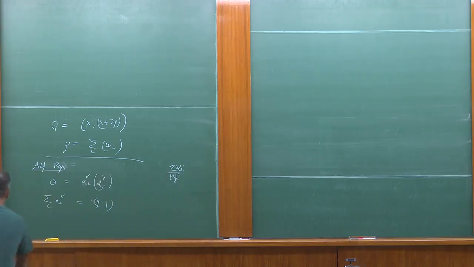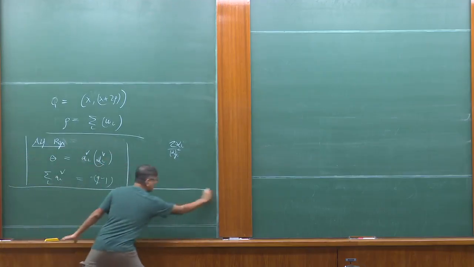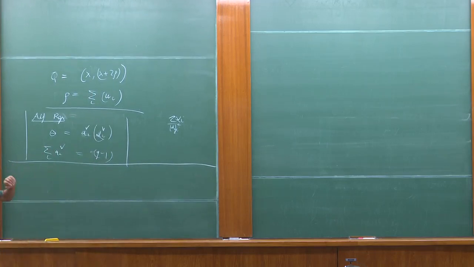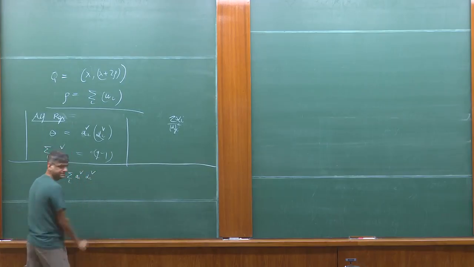So this was just a reminder. Now what we're going to do is plug this into that formula. Lambda is the sum over i of a i vee alpha i vee.